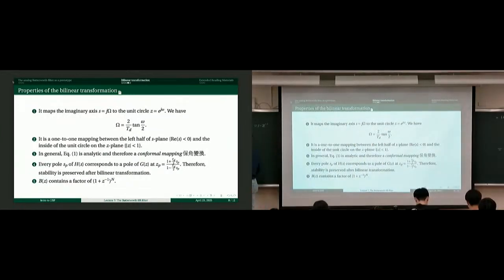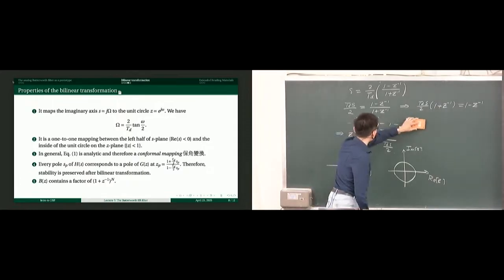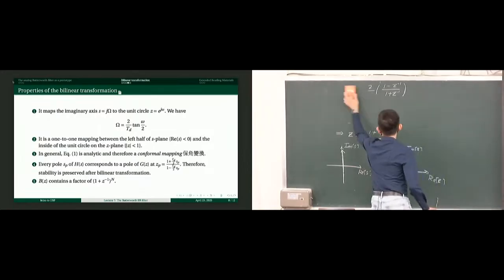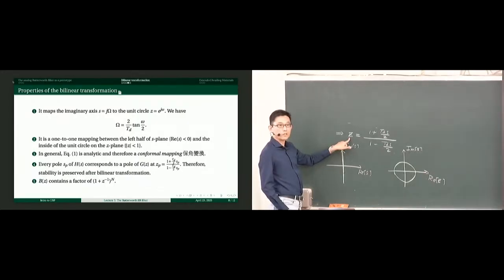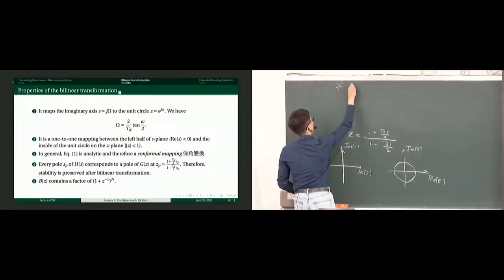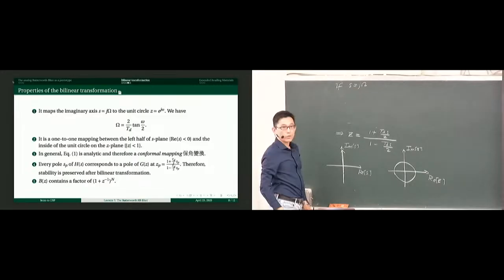So how do we show it? Which direction should it go? I think it might be easier this direction. So let's keep this. Let's say from here, that's Z as a function of S. So if S is j omega, where is this mapped to in the Z plane?